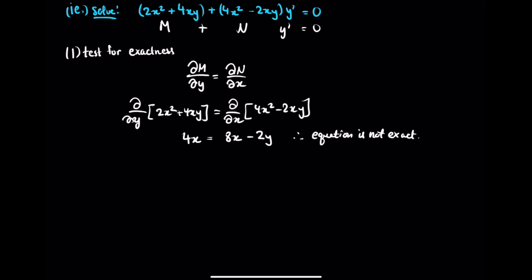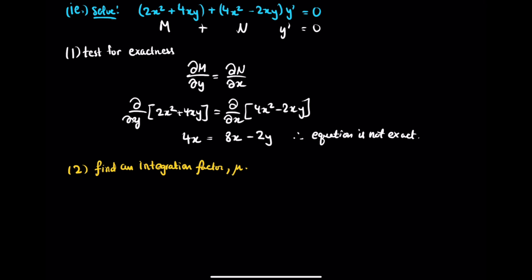So first thing we have to do is find an integrating factor, right? And just to be very clear, the integrating factor is mu. It is not p or q, it is mu. All right?